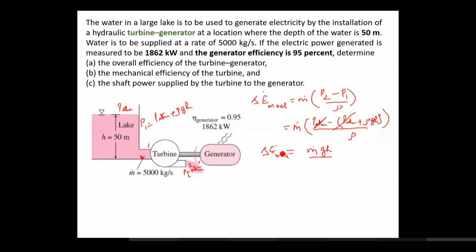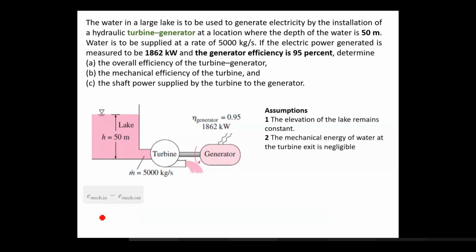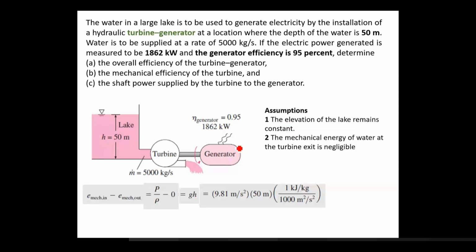Is the point clear? Yes, sir. Any doubts in this? I hope it is clear. So the change in mechanical energy of the fluid per unit mass is essentially GH, which comes out to be 0.491 kilojoules per kg.